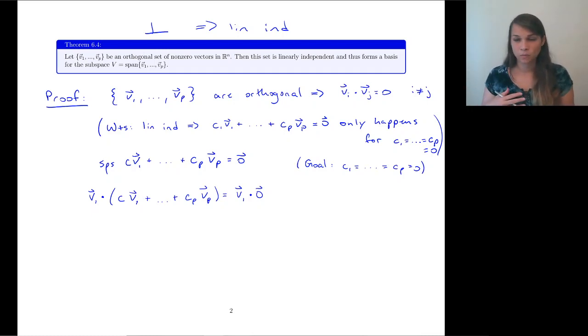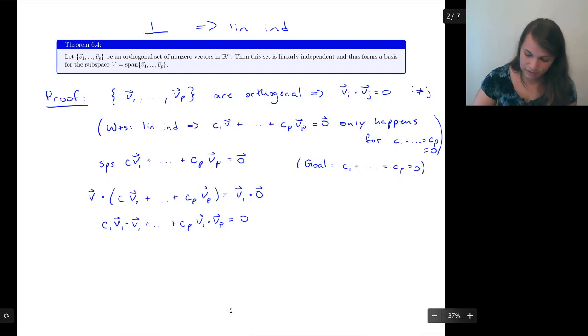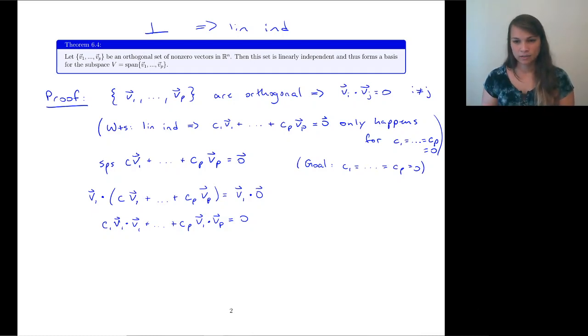We know things about properties of dot products. We can move that inside our parentheses, we can get this, and then that's just going to be 0 on the other side.